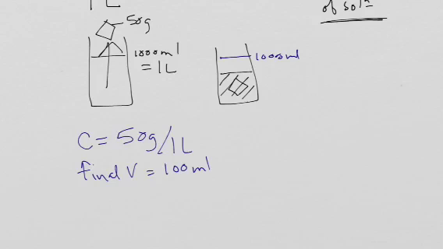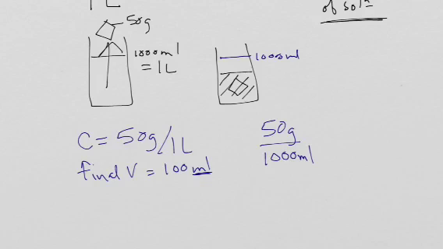So if you set that up, it looks like this, where you have 50 grams of solute in 1,000 milliliters of solution, or 1 liter. Seeing as I'm looking for milliliters here, I figure I might as well have the same volume in both of my fractions.